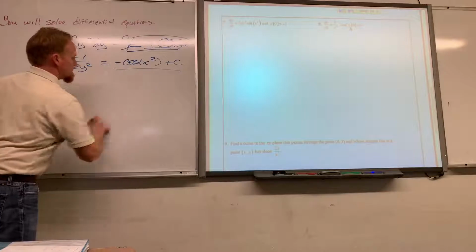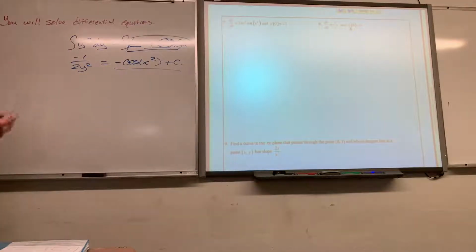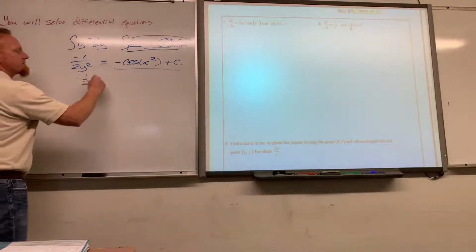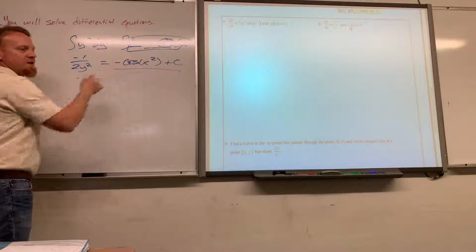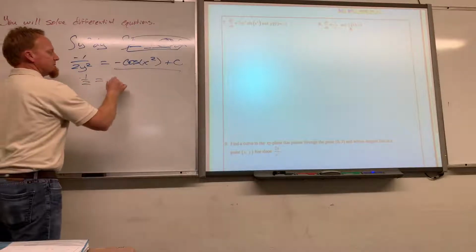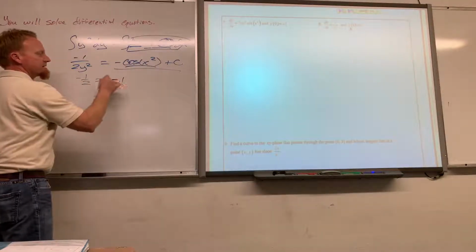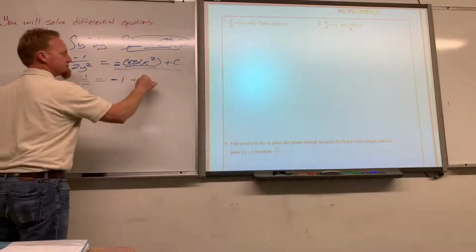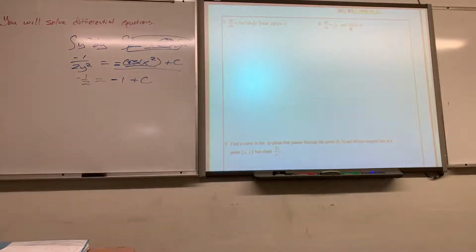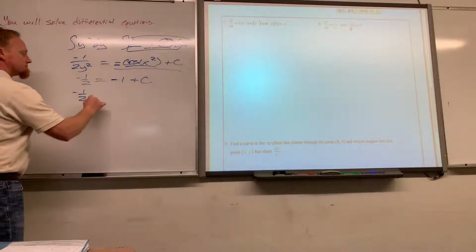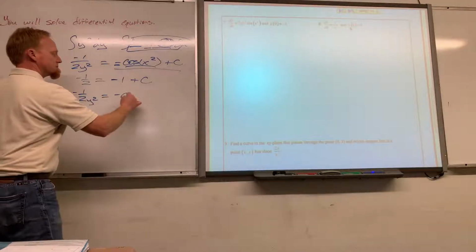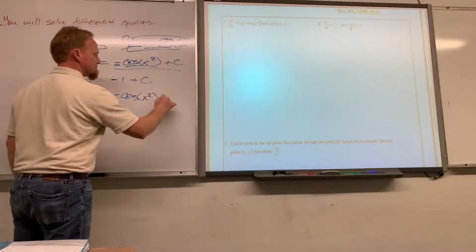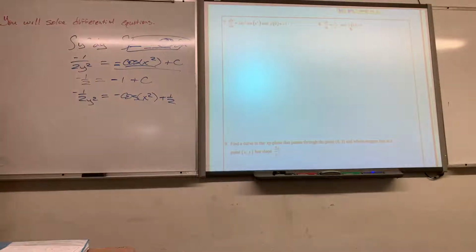Alright, so next step, plug in. So I plug in 0 and -1, so that's going to make it -1/2 over here. Cosine of 0 is 1, and then I stick the negative on it from there. So that means C is going to be 1/2. All right, next step.